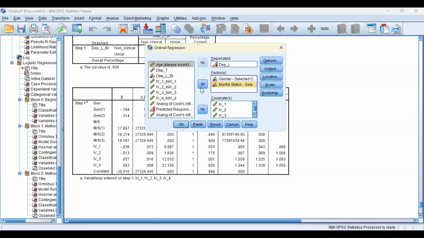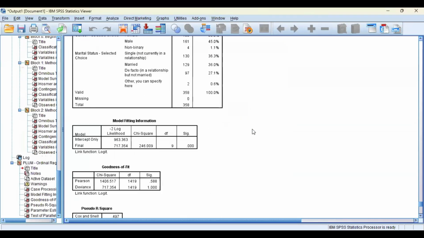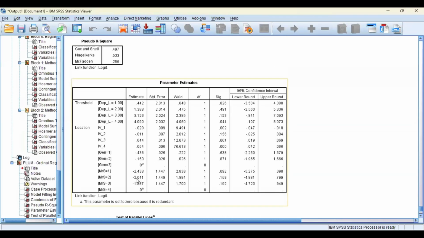So in ordinal linear regression, I just put the variables that I want to consider as covariates, as confounding variables, as additional predictors here and just click OK. And here, if I look at the results of location for my main variables, that means that they are already accounted for the potential confounding effects of my covariates.